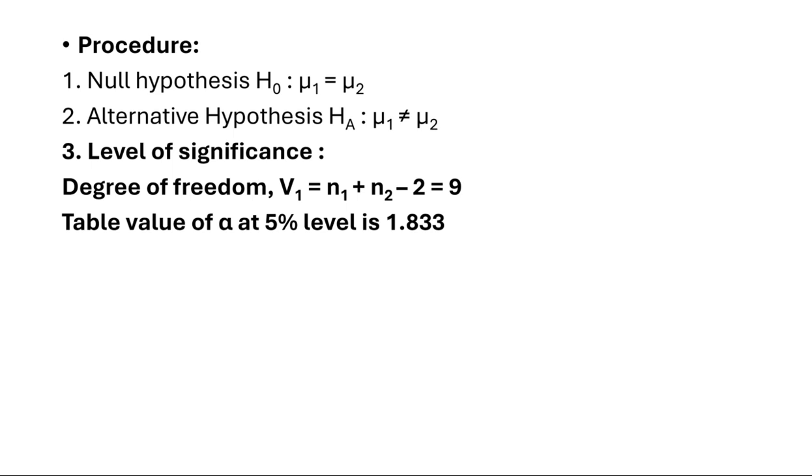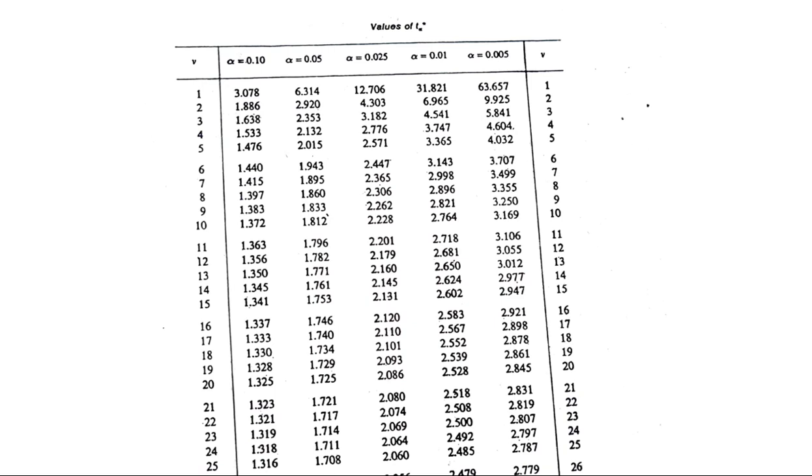Here the table value of alpha at 5% level is given in your problem itself. I will tell you how to calculate the table value. It will be provided in a statistical table, which is already fixed for some values of the t distribution for some alpha value. Here the alpha value is considered as 5%.